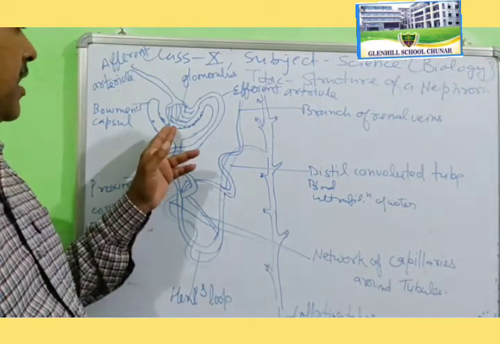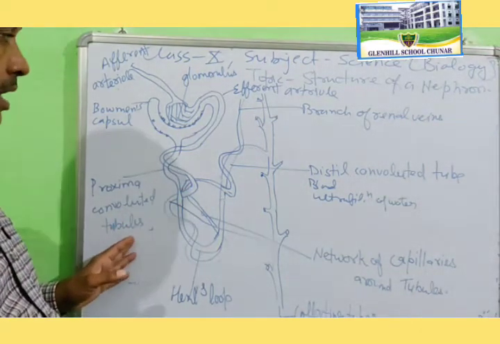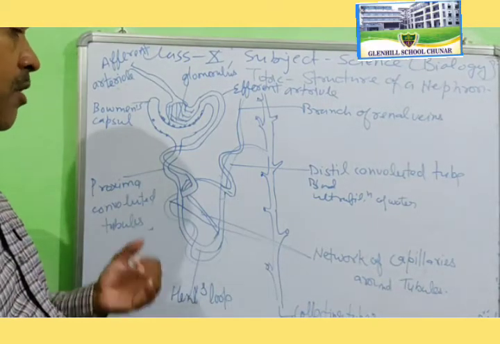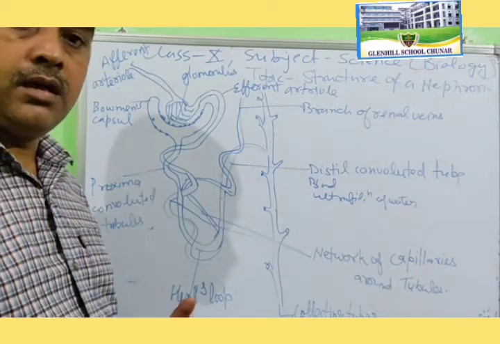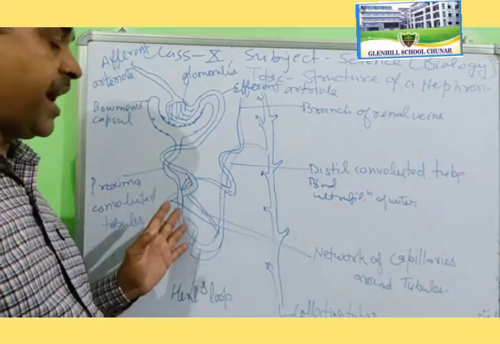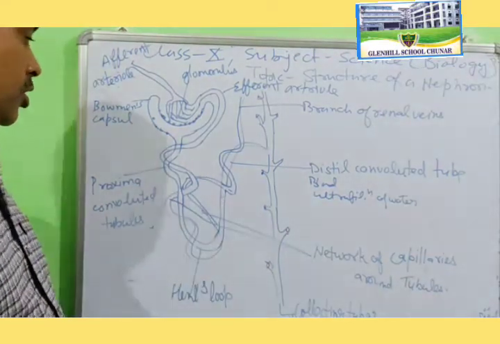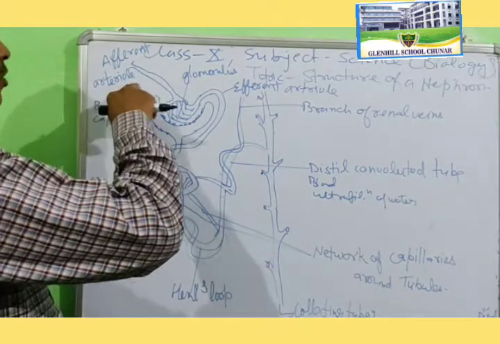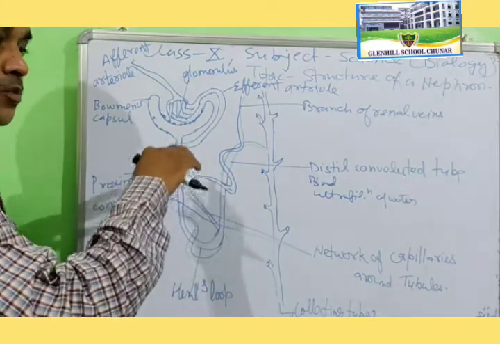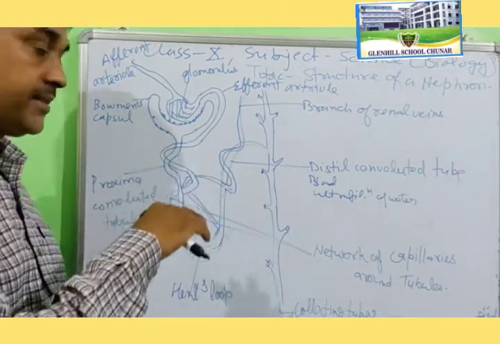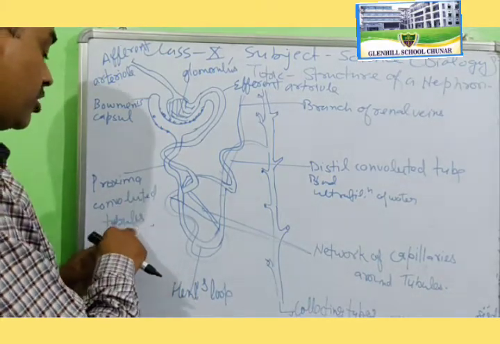The glomerular filtrate enters the proximal convoluted tubules. There a network of capillaries is found, which supplies the oxygenated blood and carries the deoxygenated blood from the tubules. So the afferent arterioles bring the blood, and the efferent arterioles contain some water, salts, potassium ions and sodium ions, which are also absorbed by the proximal convoluted tubules.